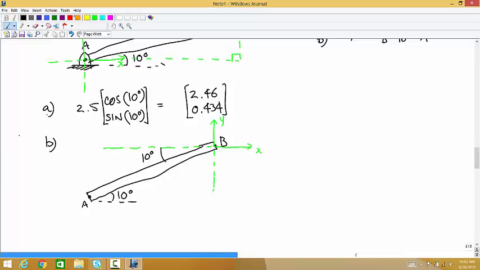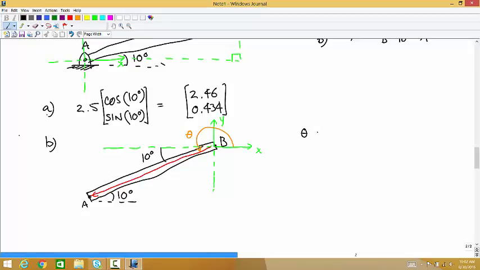And so now a counterclockwise angle from the positive x-axis to our vector, what's that angle, theta? 180 plus 10 is 190, yep.